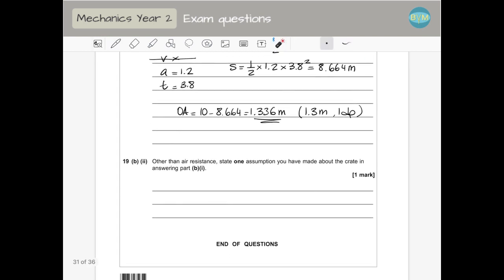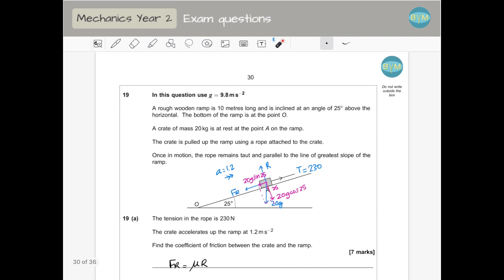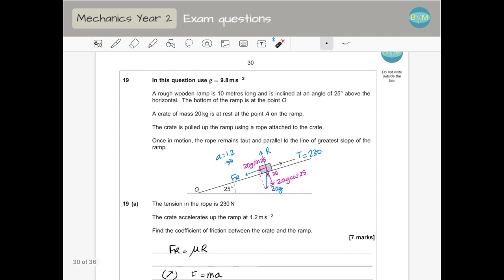The last thing they ask is, other than air resistance, state one assumption you've made about the crate in answering part B. They don't mention it anywhere, but I have assumed that the crate is a particle.